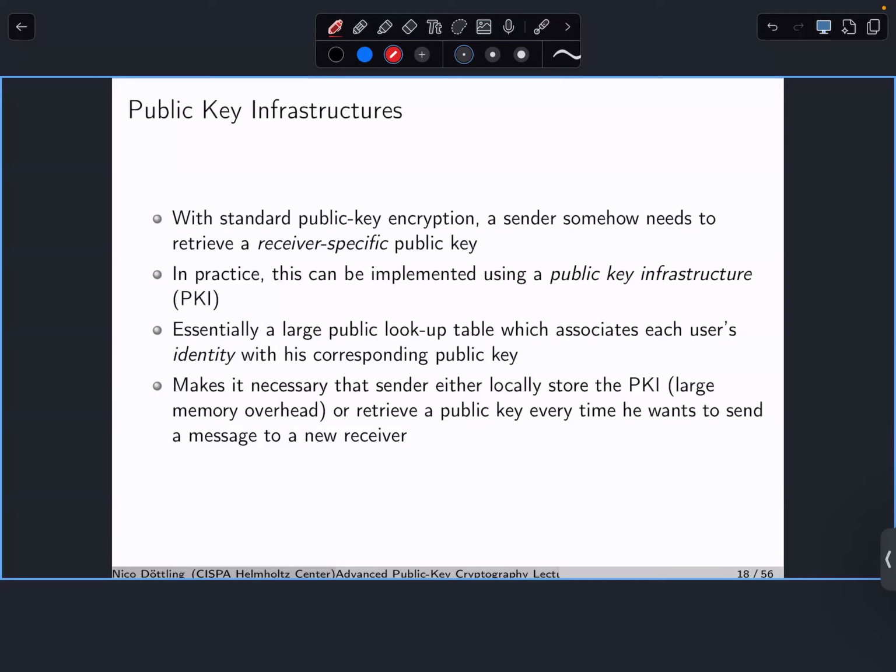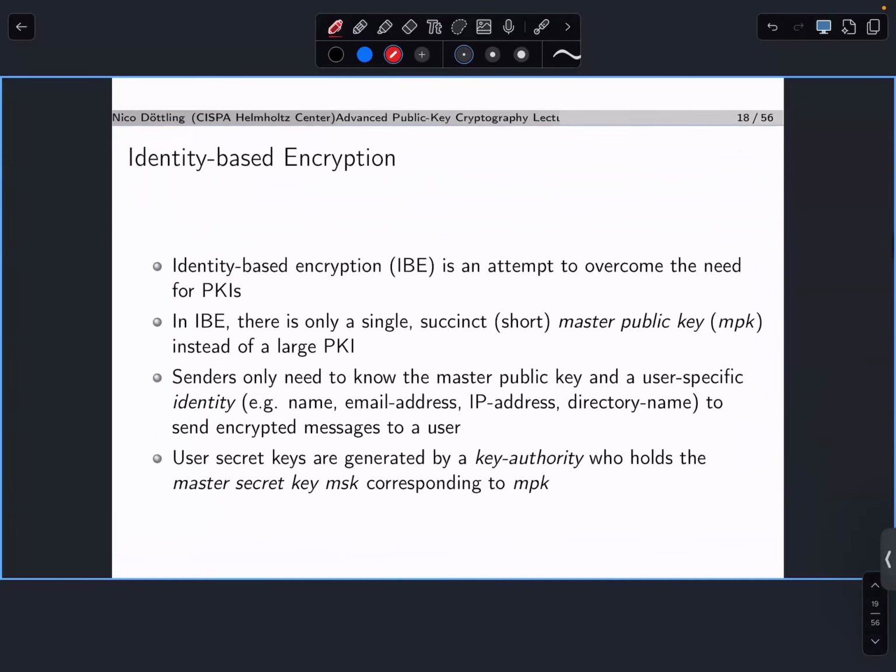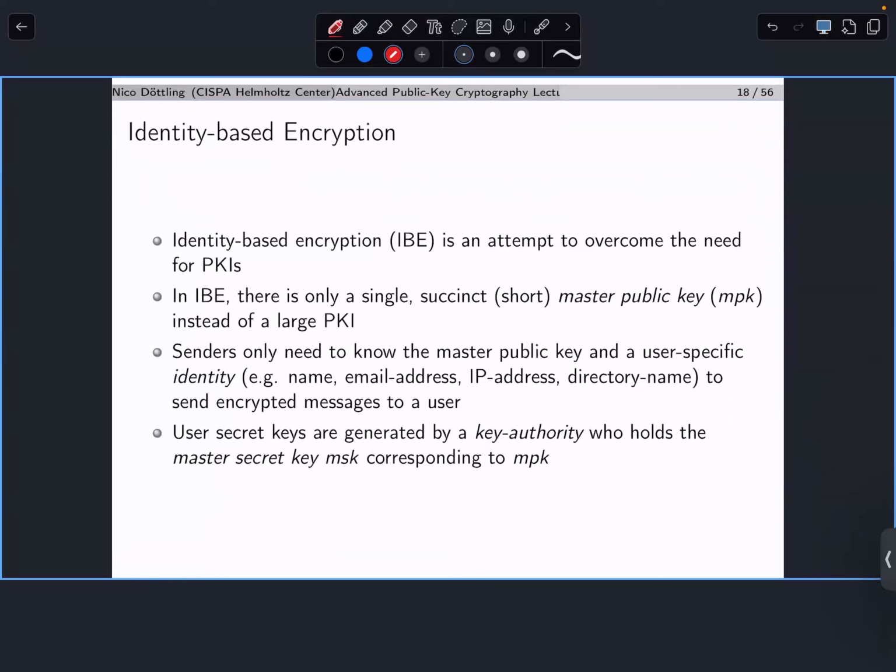And this is precisely where identity-based encryption tries to make our life easier. You can think of identity-based encryption as a modest attempt to overcome the need for public key infrastructures or the need to store large amounts of keys.